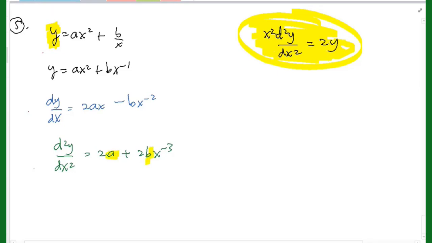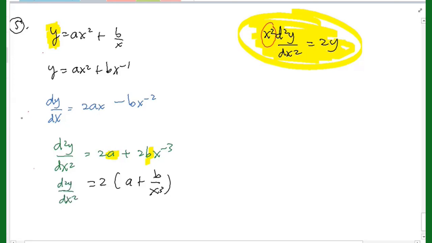Take out 2, a plus b over x cubed. So now check, we want x squared.